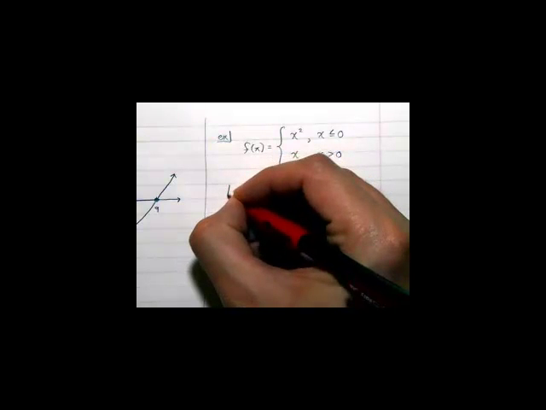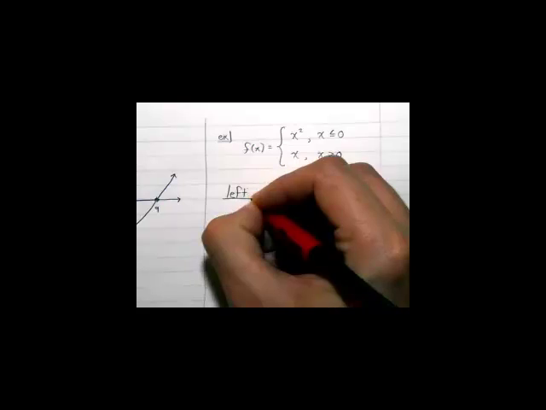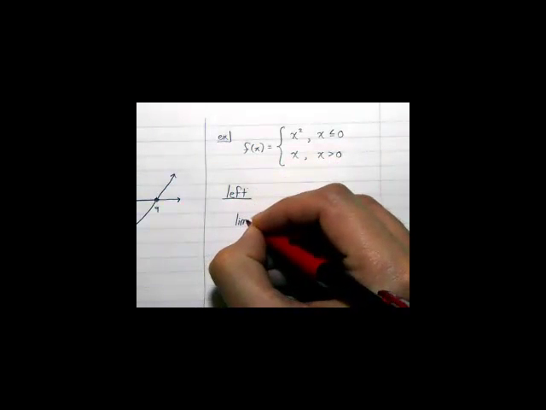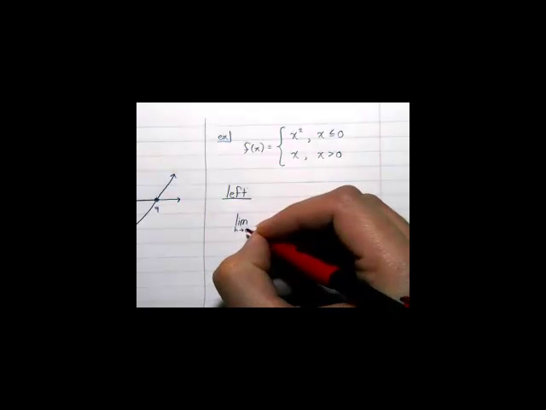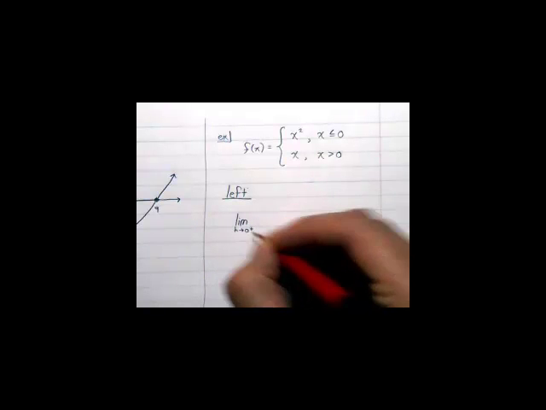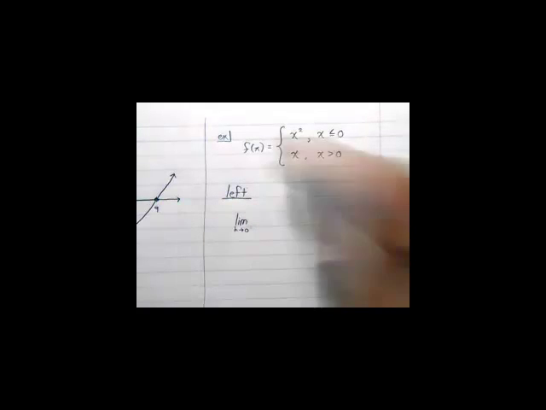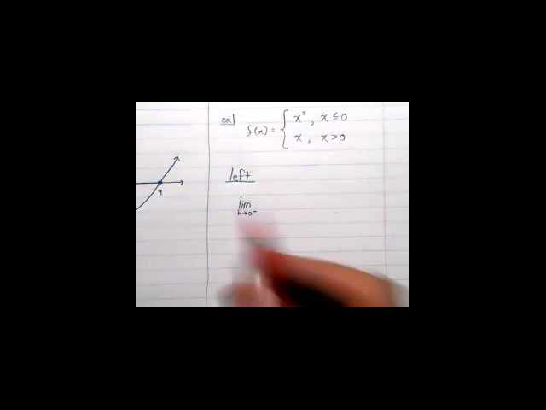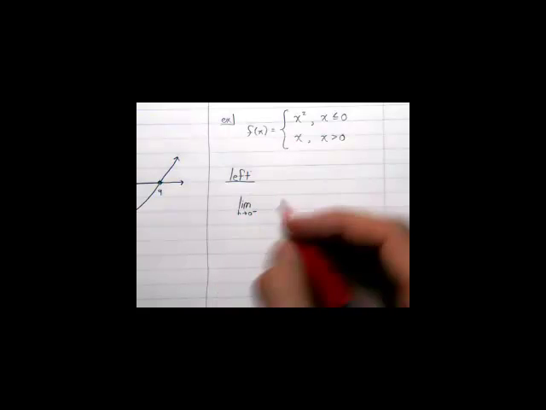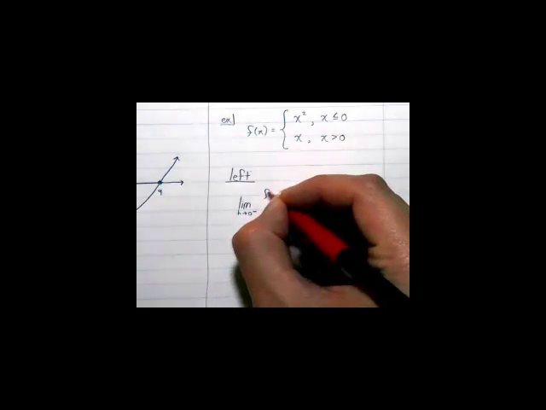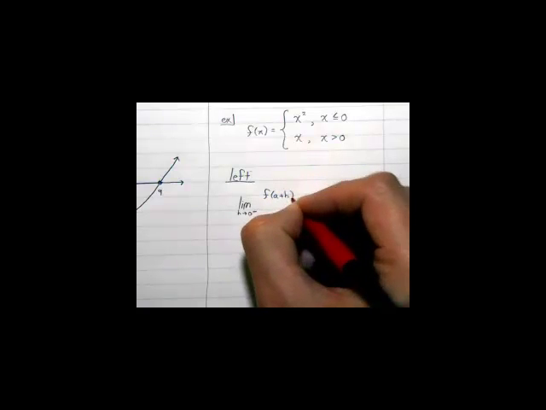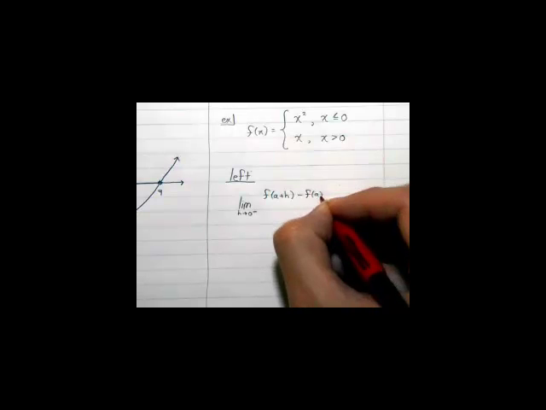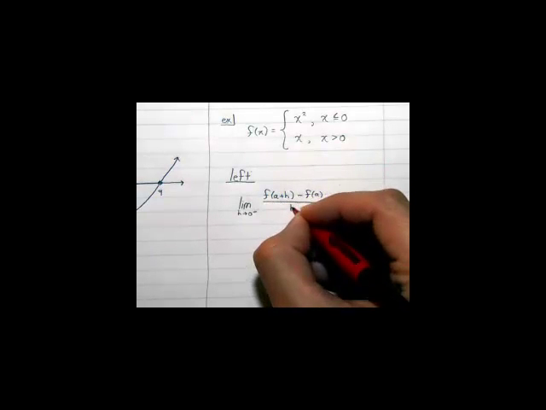So to do the left-handed derivative, we're going to do the limit as h goes to 0 from the right, though. I'm sorry, from the left, so that'd be a little minus, not a plus. Okay. So remember when we did the left and right-handed limits? We had to put the little plus or the little minus or whatever. Well, the derivative follows that same idea. So it's the limit as h goes to 0 from the left of f of a plus h minus f of a, all divided by h.